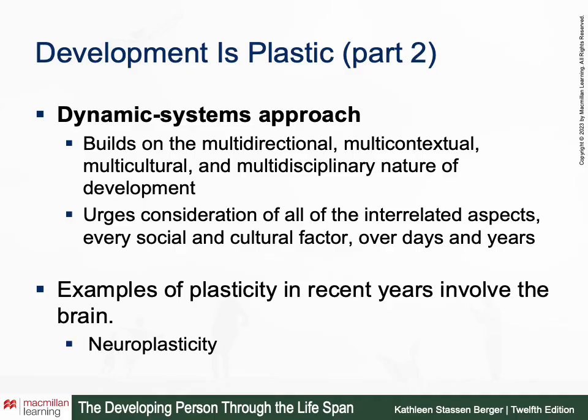There's just another note about that dynamic systems approach. So it's sort of the idea that it urges consideration of all of the interrelated aspects, every social and cultural factor over days and years. So the idea that things are sort of building on top of each other.